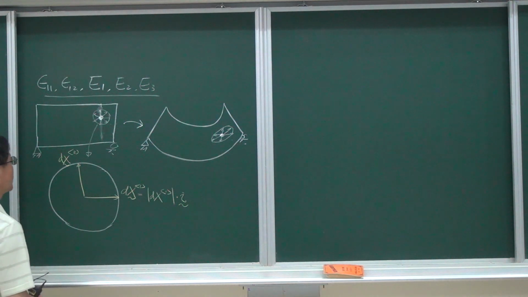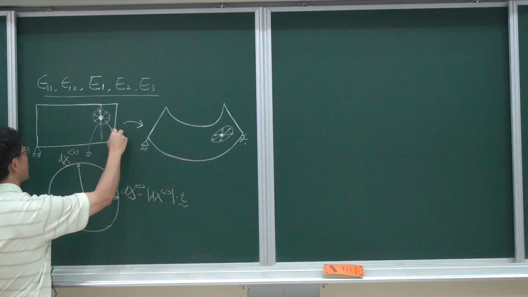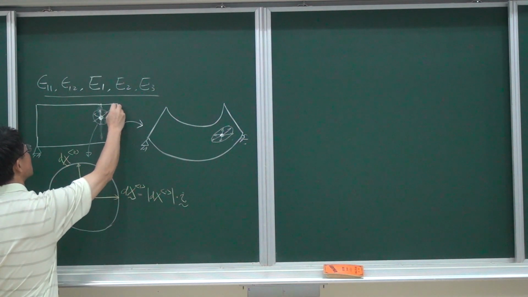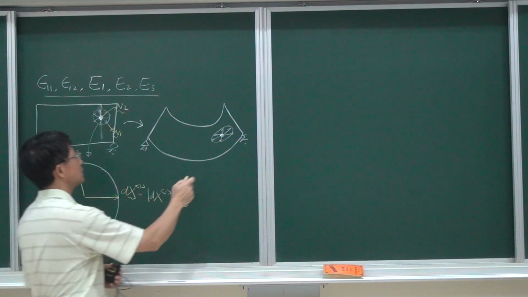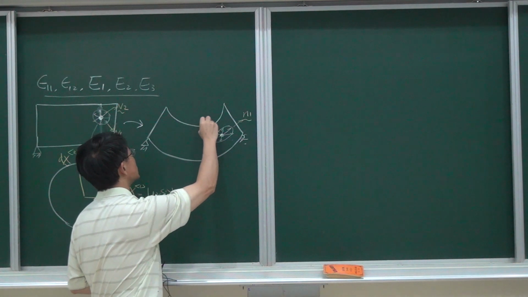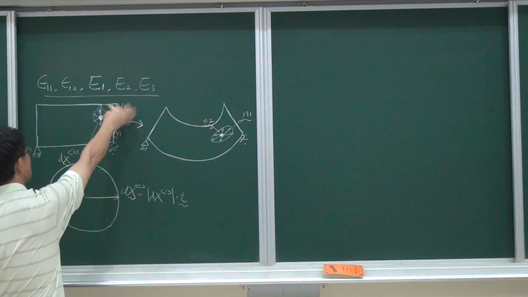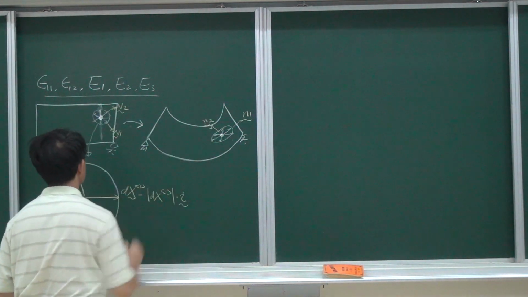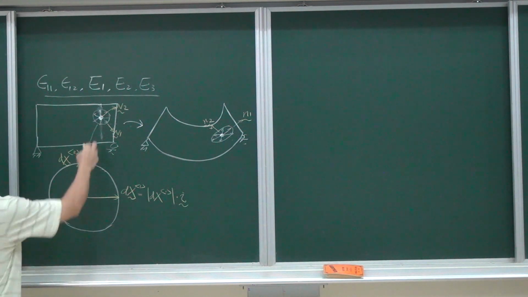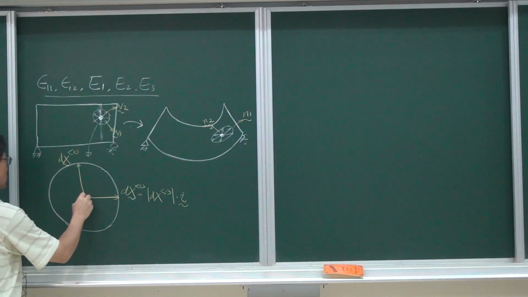Now for the principal direction, for example, we have N1 and N2, the small n1 and small n2. They have already been rotated from here to here. So what will be the material line for the principal strain? We have the principal strains like this.